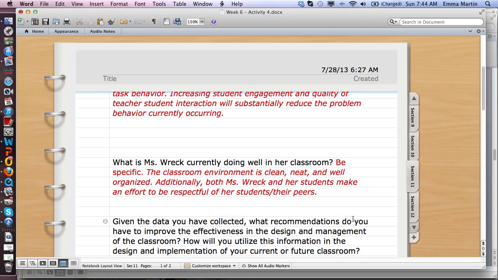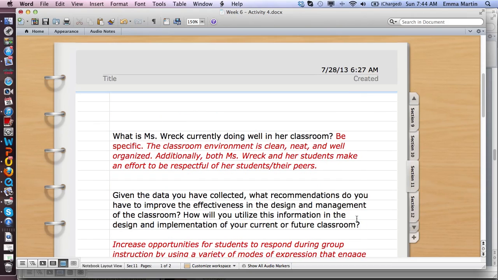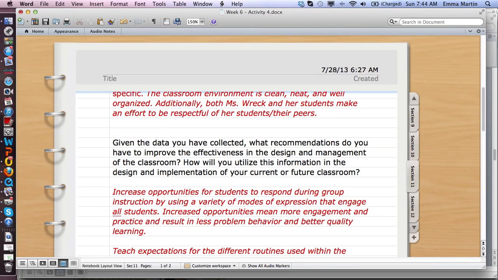So there is some respect occurring within that classroom, and I think this is an important thing to acknowledge. We can build on the fact that students treat each other with respect, and we can then relate that to teaching the students to also do this in regards to Ms. Reck.